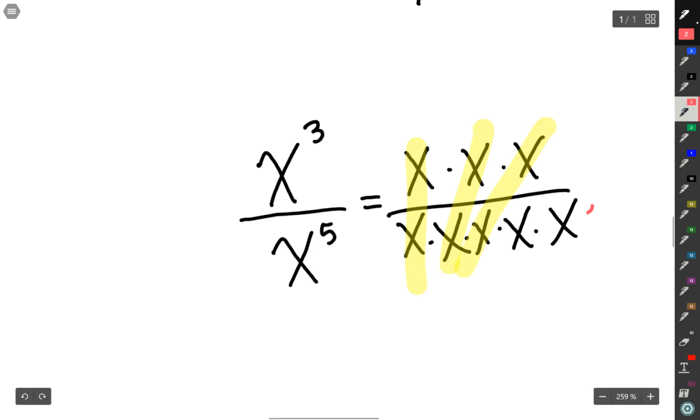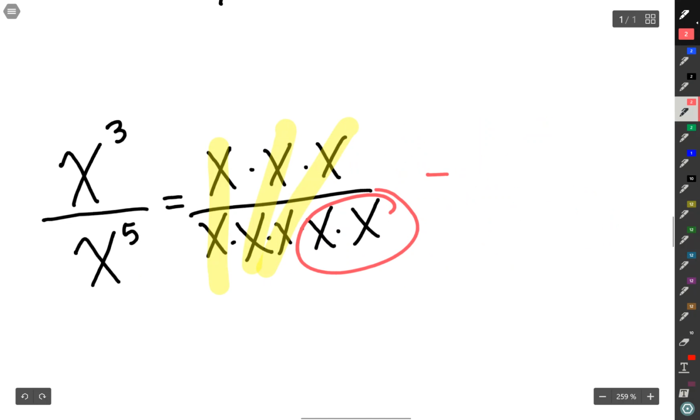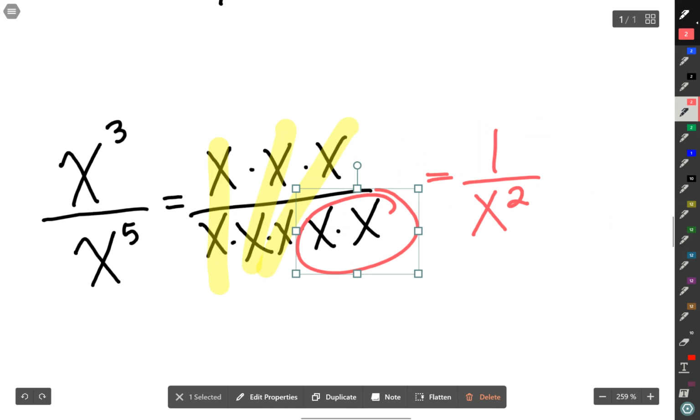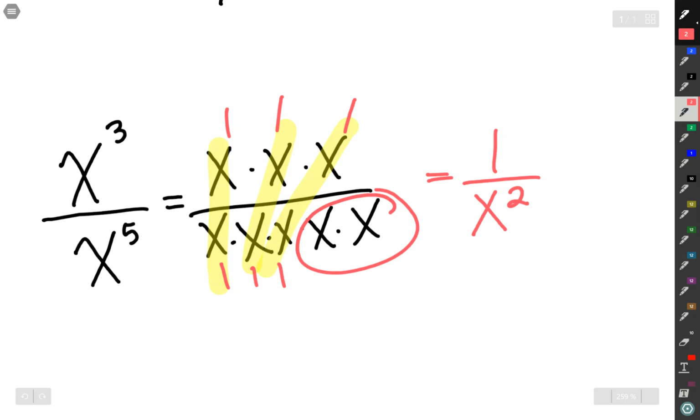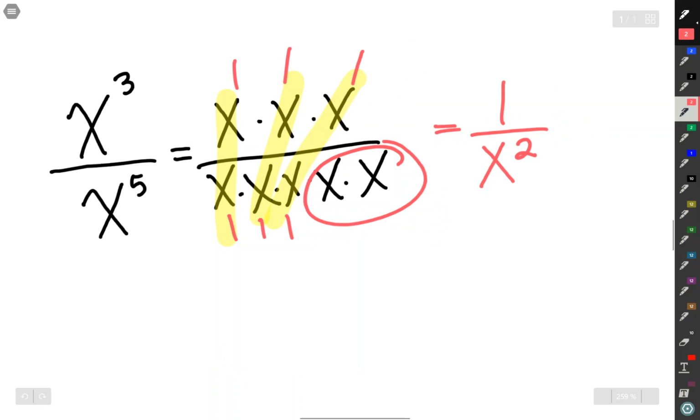But what remains is in the denominator. So this is 1 over x squared. There's a 1 here because when you do canceling, there are 1's left over. We don't write the multiplication by 1 because it doesn't do anything. Okay, so if we were to use the subtraction rule, this would be x to the 3 minus 5, or x to the negative 2. So these are equal to each other.